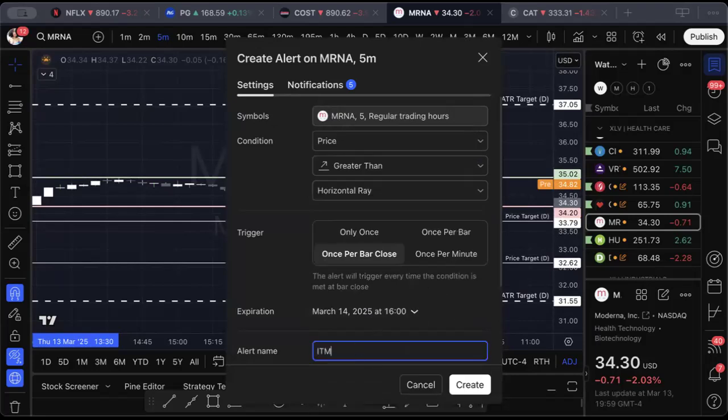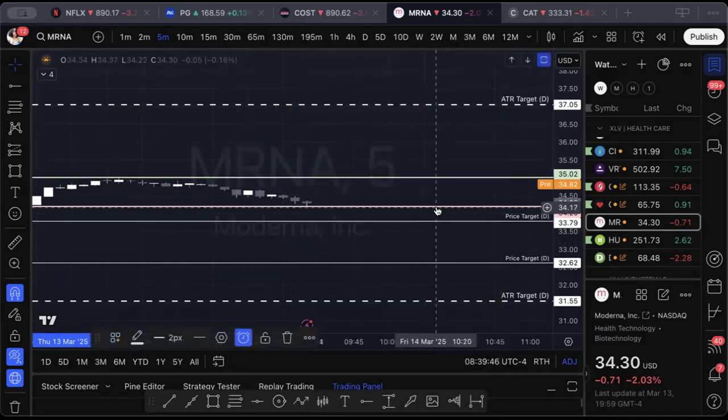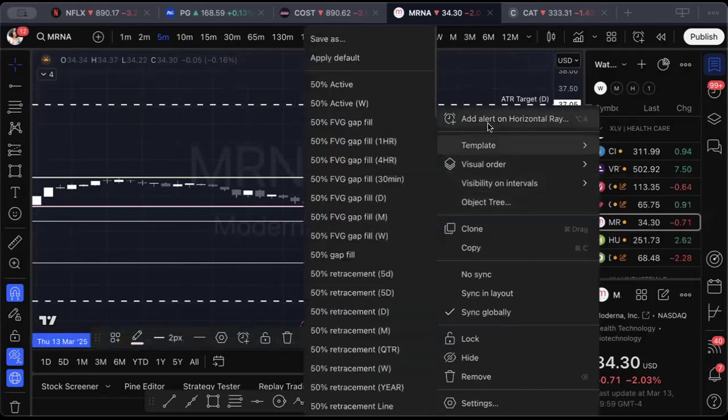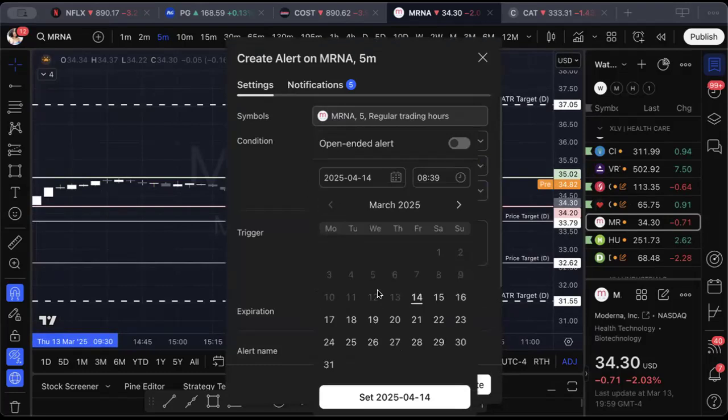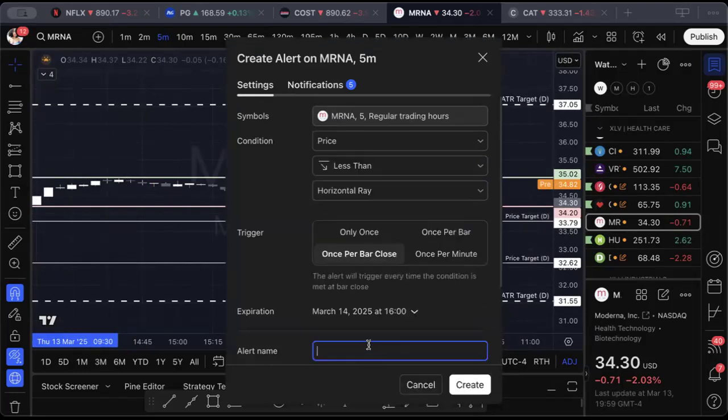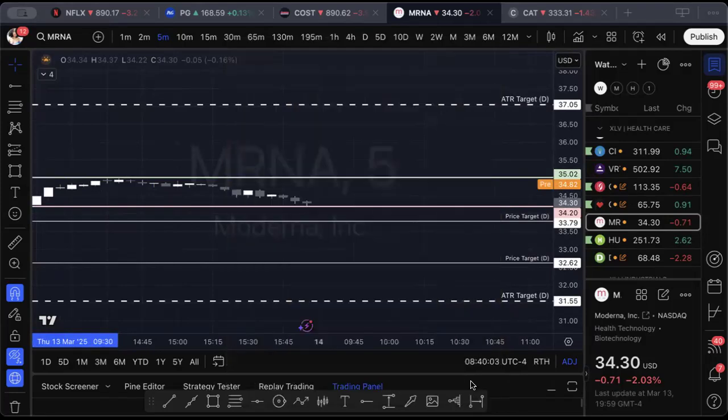So in the money to 36 for calls and expiring today. And then to the downside, in the money to 32.